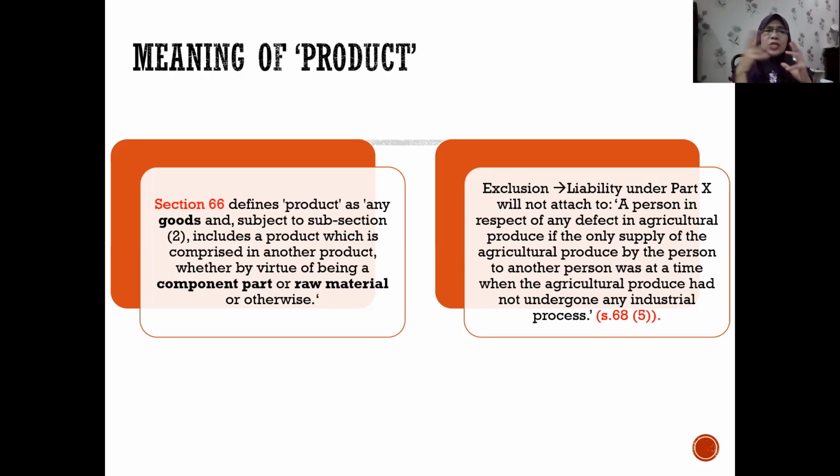So this defective product doesn't cover agricultural produce, provided it doesn't undergo an industrial process. For example, it doesn't go canning or whatever. It is still the raw material of agricultural produce, the fresh one. So it doesn't fall under the definition of product or defective product here.